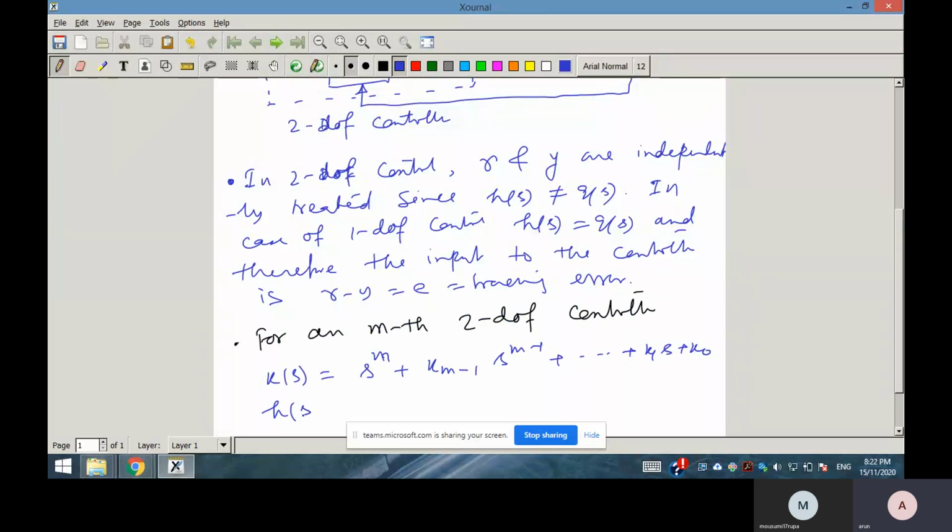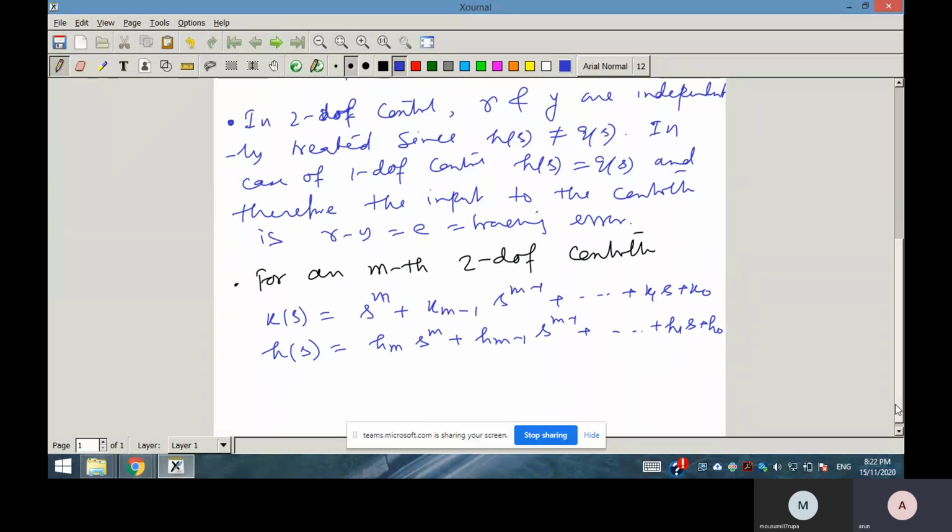And H(s) will be h_m s^m + h_{m-1} s^{m-1} + ... + h_1 s + h_0. And Q(s) is q_m s^m + q_{m-1} s^{m-1} + ... + q_1 s + q_0. So you can see that here K(s) is a monic polynomial, because the highest order coefficient is, that means, k_m is equal to 1.